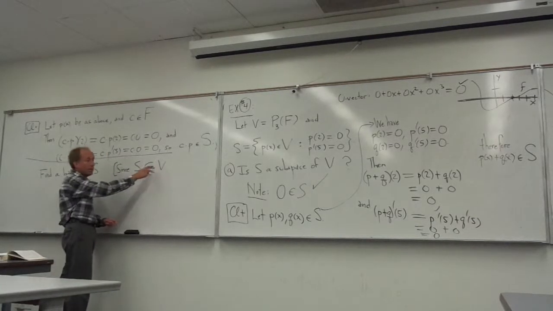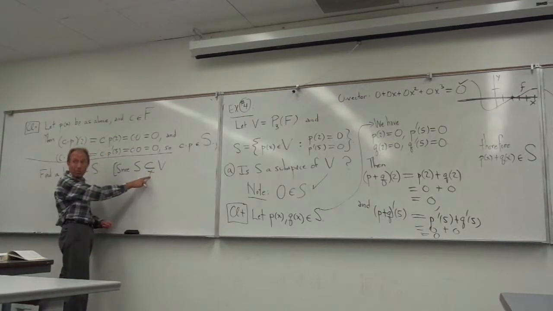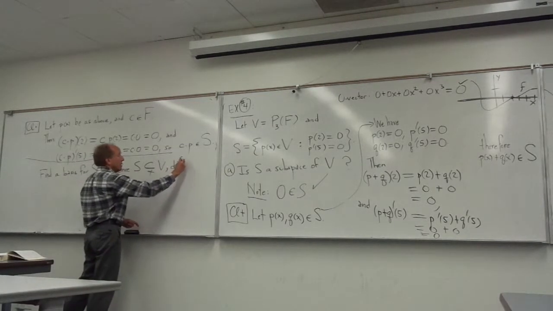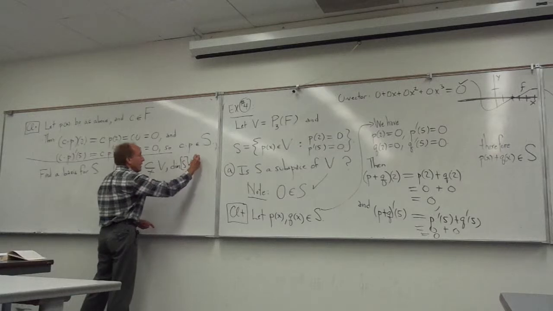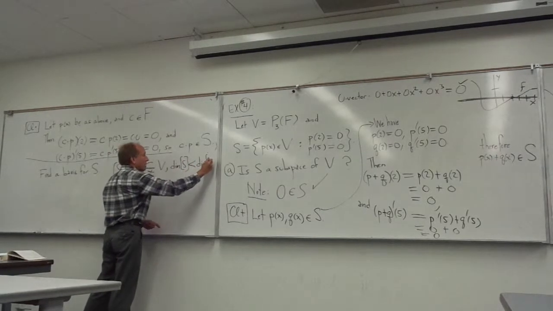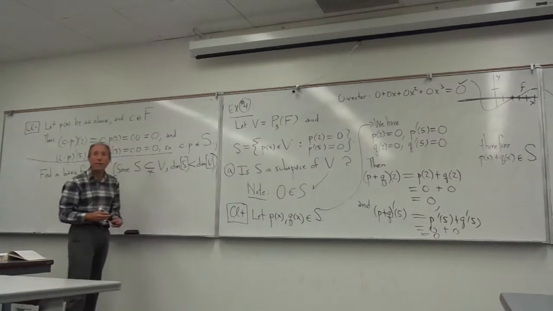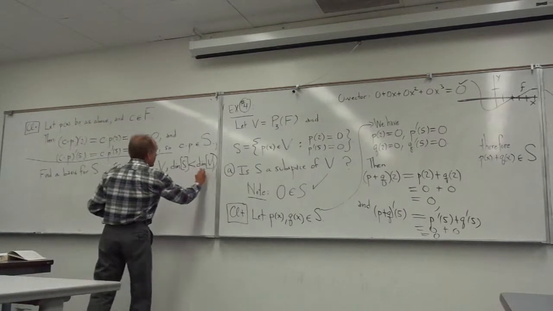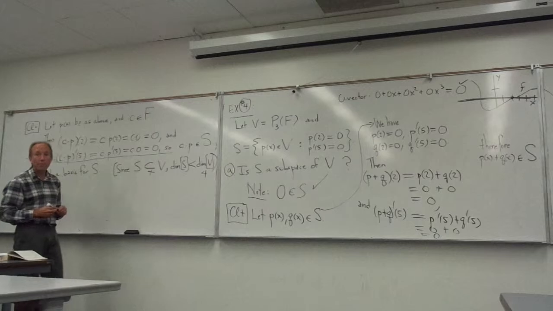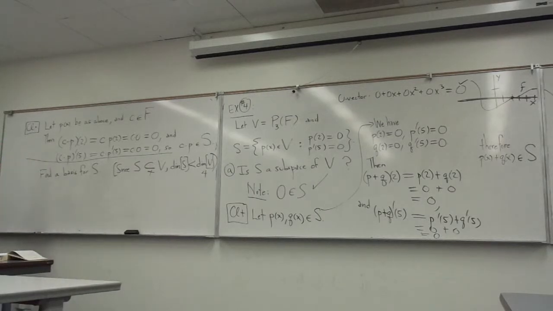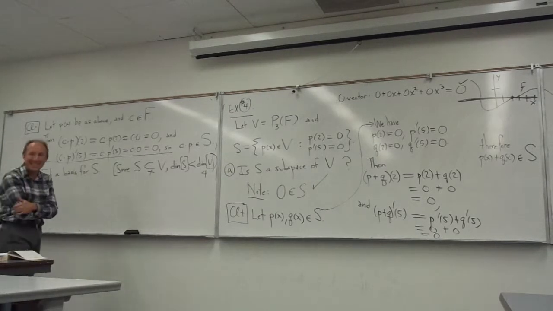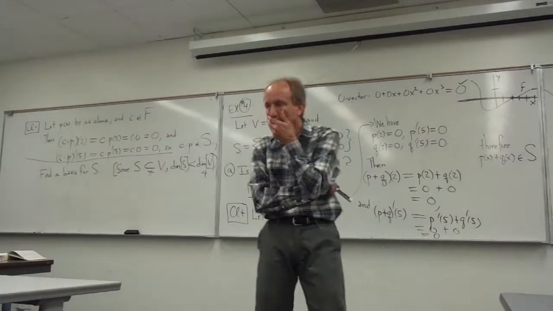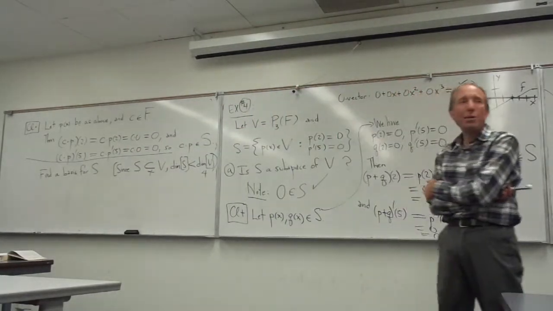So this just means it's a subset, but it's not equal to V. The dimension of S is going to be less than the dimension of V. We did have this result in section 1.6. So the dimension of V in this case is 4. So we're looking for 3 basis vectors or fewer for this problem. Any thoughts on how I'm going to get it?